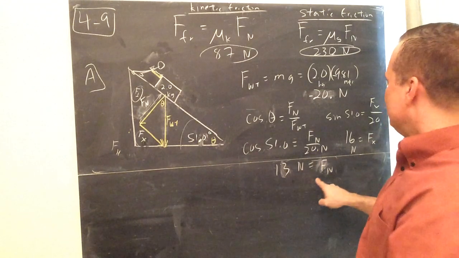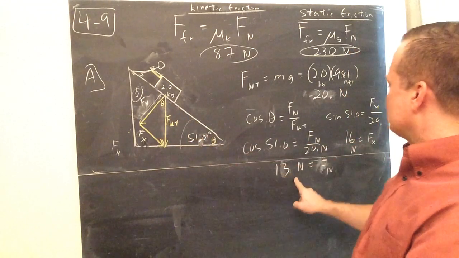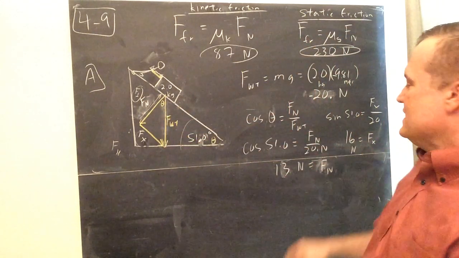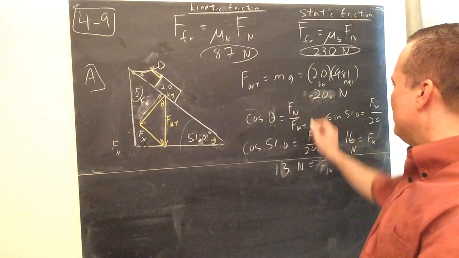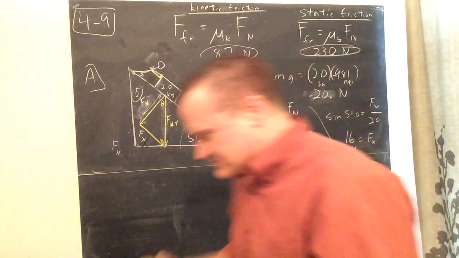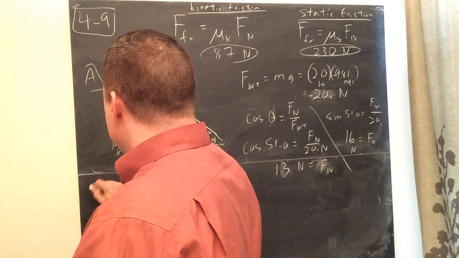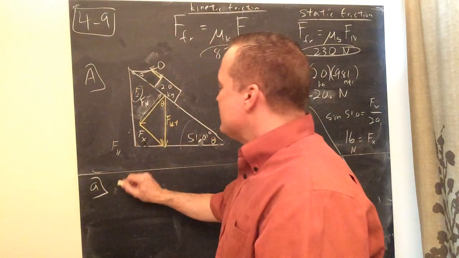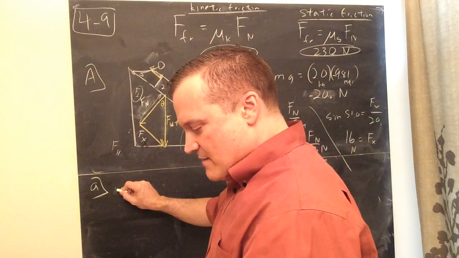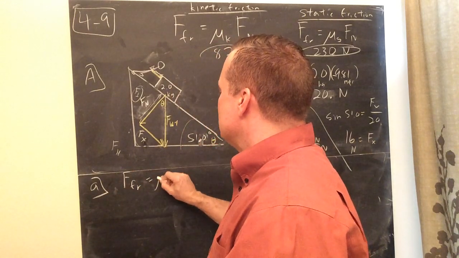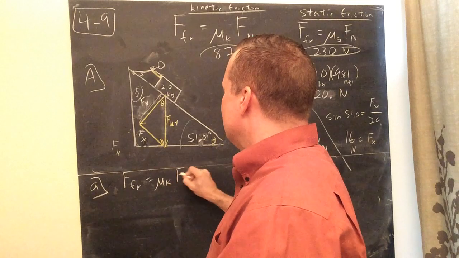So, normal force, 13 newtons. Fx pulling down here is 16 newtons. Now, why do we need all this? You'll see when we put it together in a moment. They didn't ask for that one yet. But part A, okay, what will be the acceleration? If mu k equals 0.40, then that tells us our friction force is going to be mu k Fn.